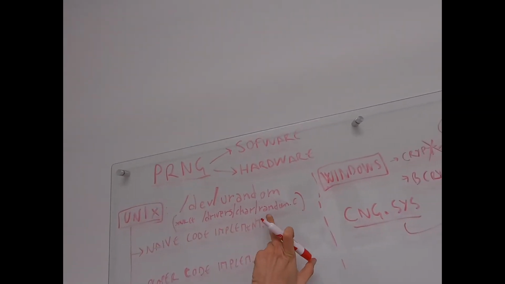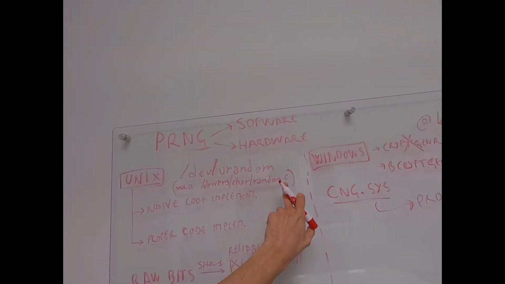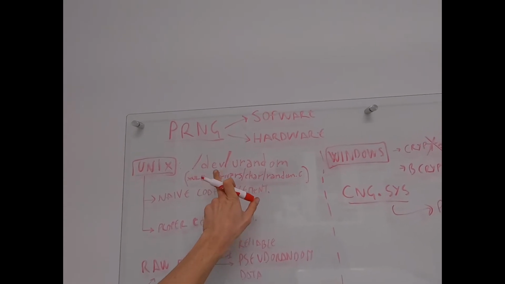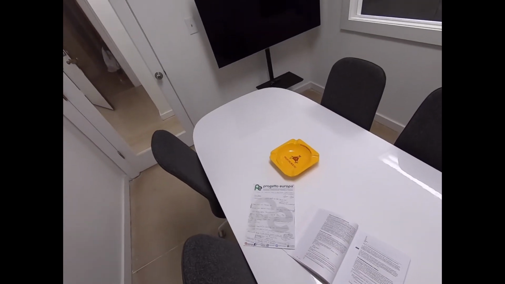If you want to see the C code that powers the random function, you go into root, drivers, char, and random.c. So let's go back to Windows.